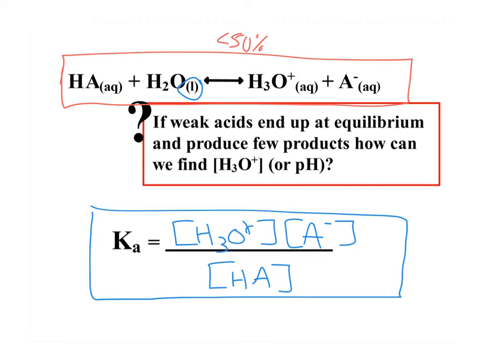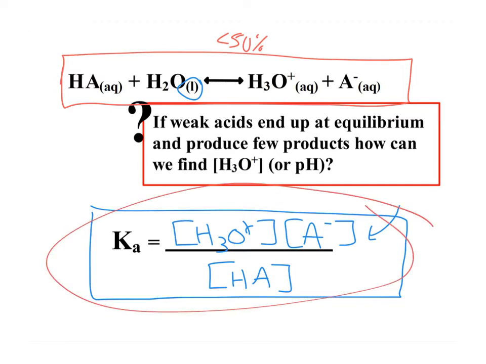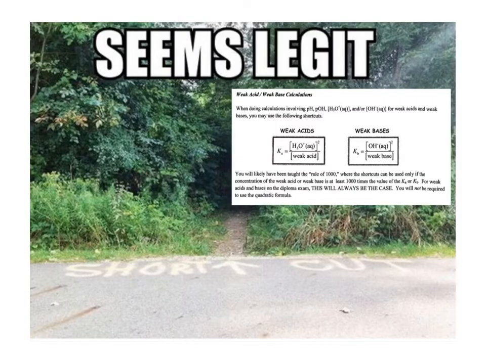Now, when we do these calculations, we can simplify this expression. Now, what we're going to talk about next is not the equilibrium expression. That's this. This is the equilibrium expression if you're asked for that. However, when we do calculate, now remember that looks different than this. This is the equilibrium expression.